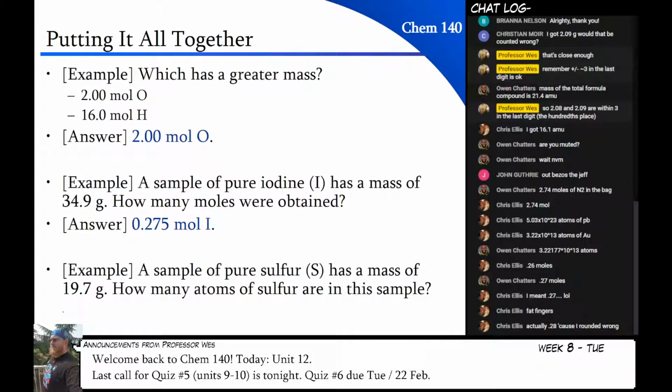Here's one more. I'm going to give you this mass of sulfur, but instead of moles, I want you to tell me how many atoms there are in the sample. So first you'll have to turn it into moles, and then you can turn it into atoms. So this one will take 2 steps, but not twice as long to do.